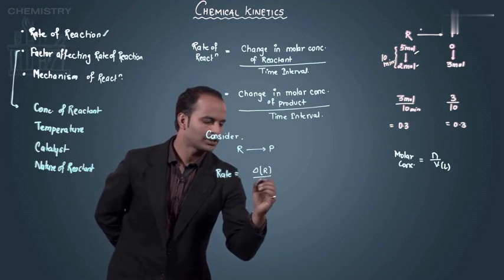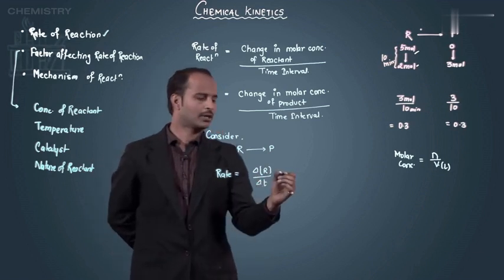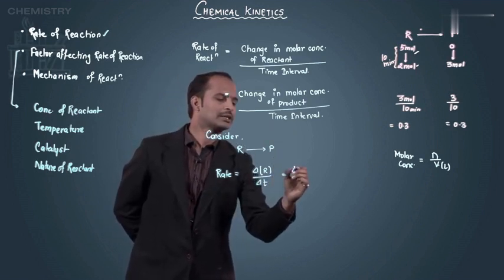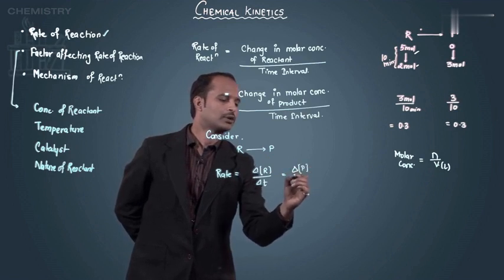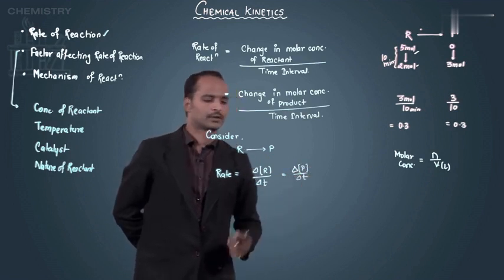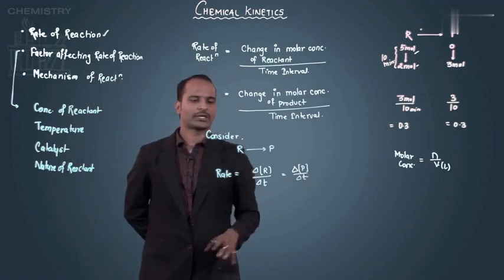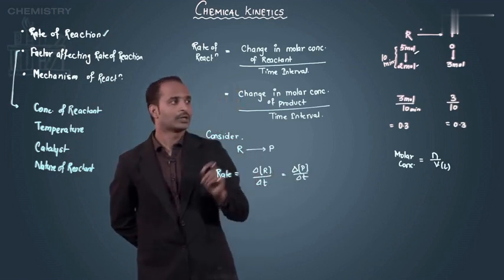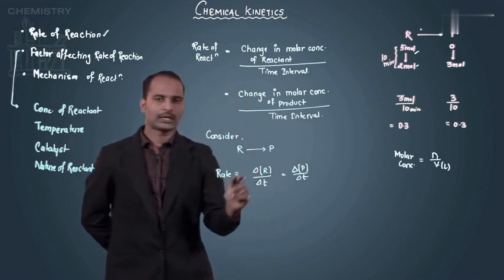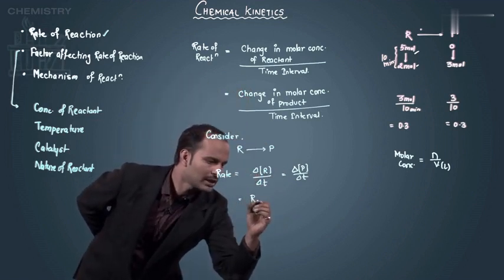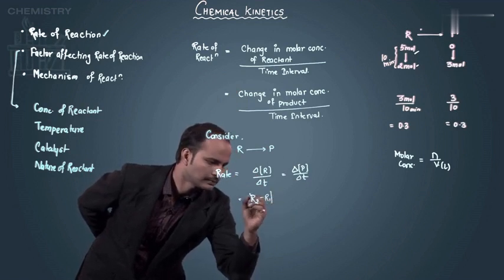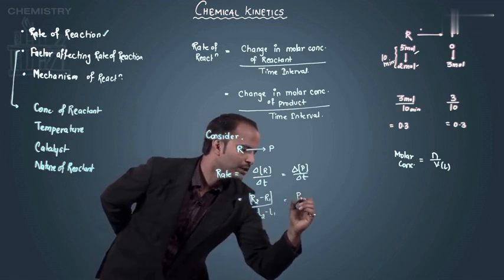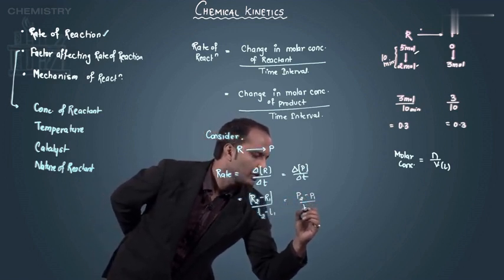Delta [R] upon change in time, that is delta T. Or it is equal to change in molar concentration of product, that is again delta [P] upon delta T. Okay, so this is the formula for the rate. Here delta [R] can also be written as R2 minus R1 upon T2 minus T1, and instead of delta [P] I can write P2 minus P1 upon T2 minus T1.